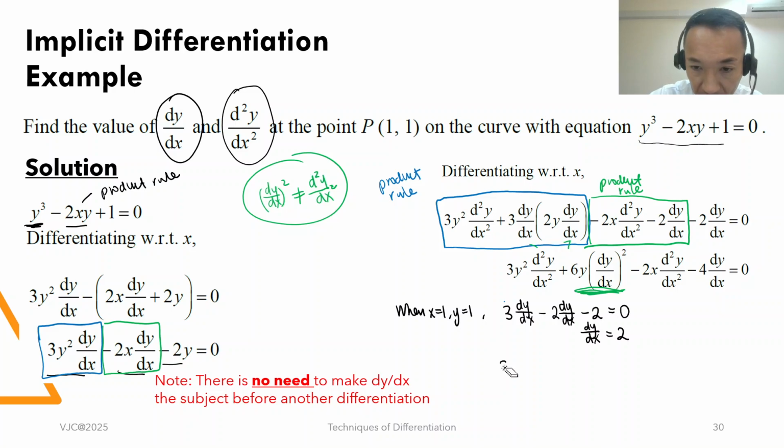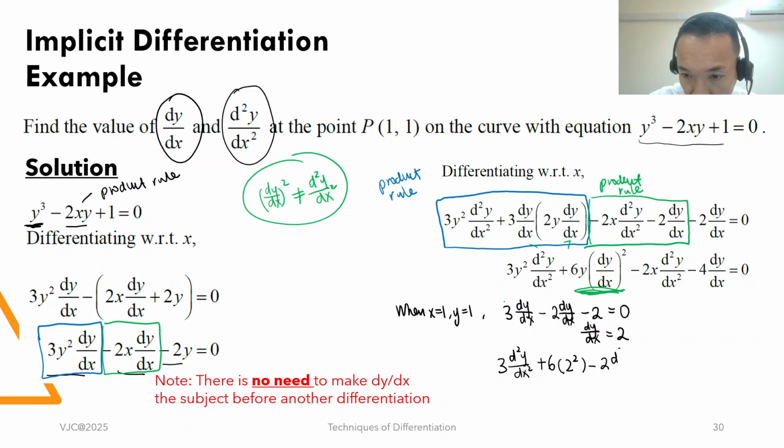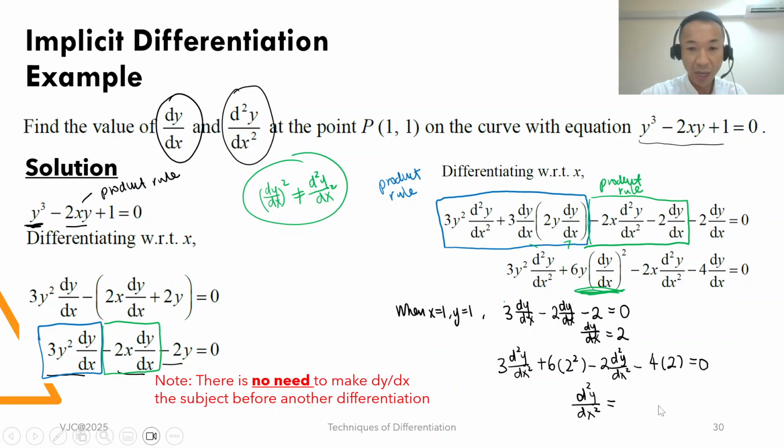So I get 3 d²y/dx² plus 6 times 2 squared minus 2 d²y/dx² minus 4 times 2. You work out the arithmetic, I'm quite sure it's not difficult, d²y/dx² equals negative 16.